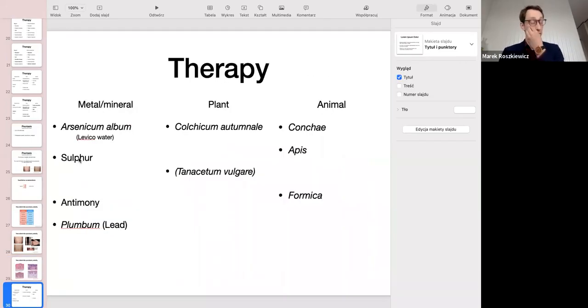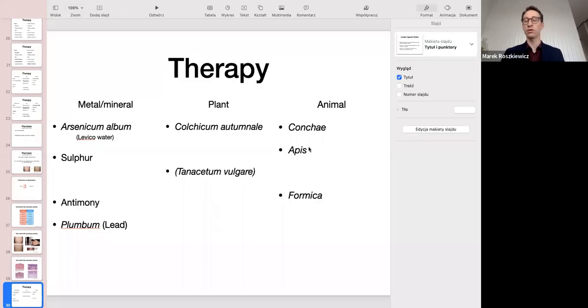Also, sometimes we can use silver or sulfur to help go into this process, and plumbum, which is lead. It is a metal connected very closely to the nervous sensory system. And as you can see, I put the animal remedies here, but we don't use them very much.